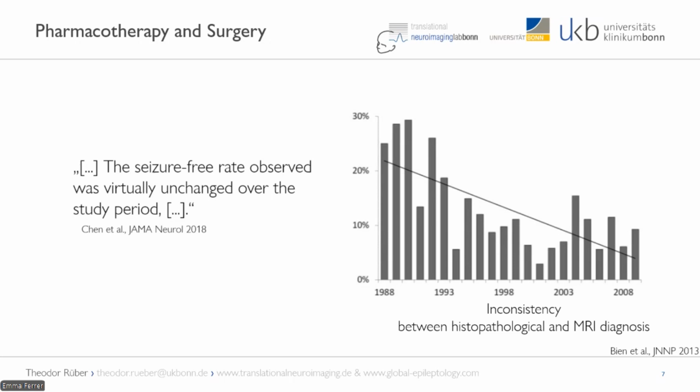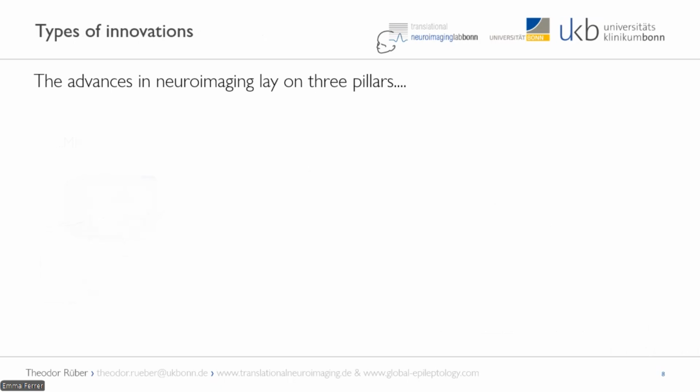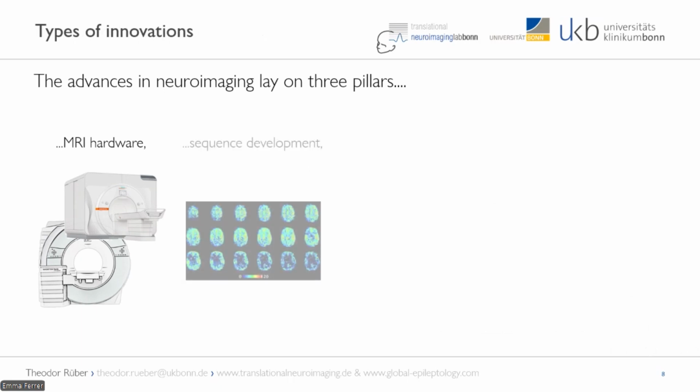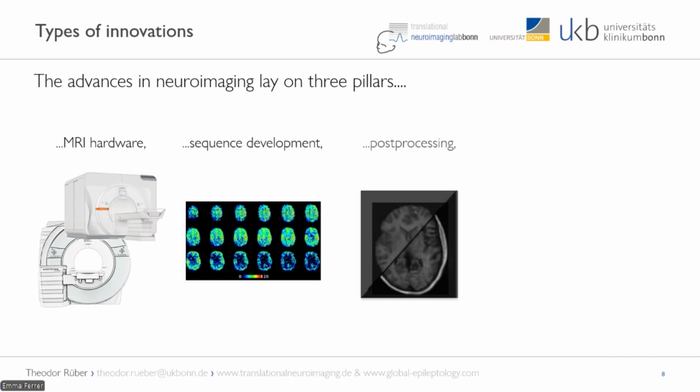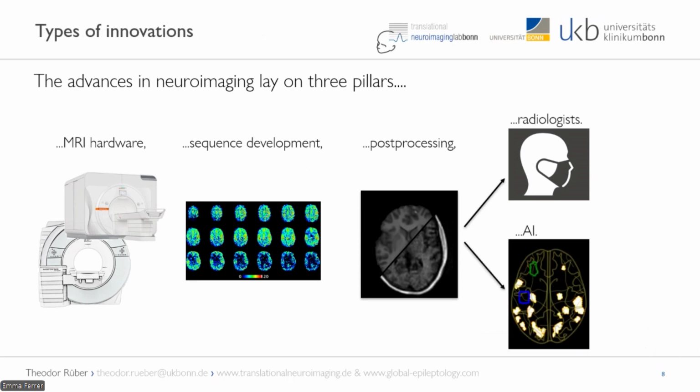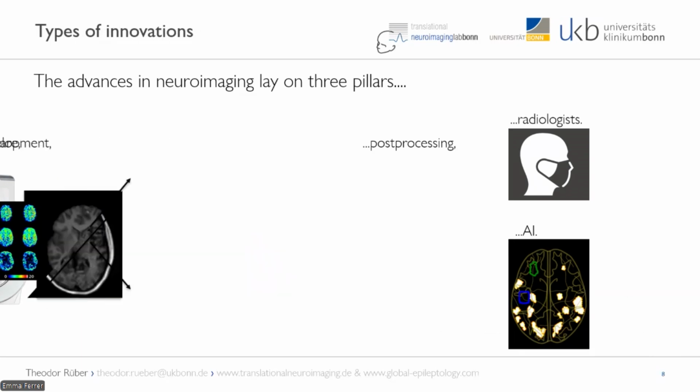And this is, of course, by the advances of neuroimaging, which in our view lay on 3 pillars. One of these pillars is the MRI hardware, then the sequence development, then the post-processing, which may be used, and then, of course, also the diagnostic capabilities of the radiologist, and maybe also of AI algorithms. And we'll look into all these things now together.